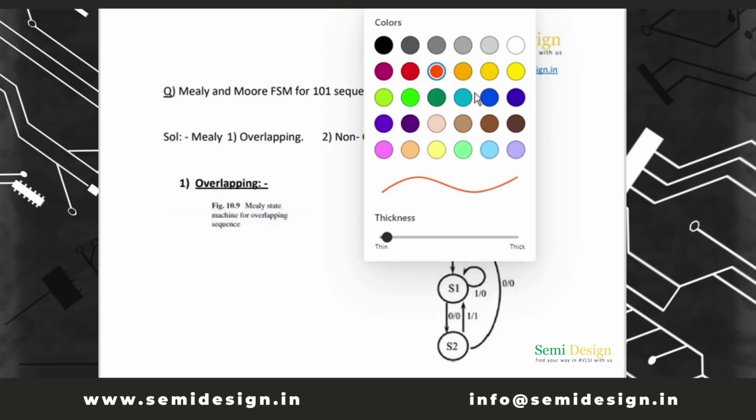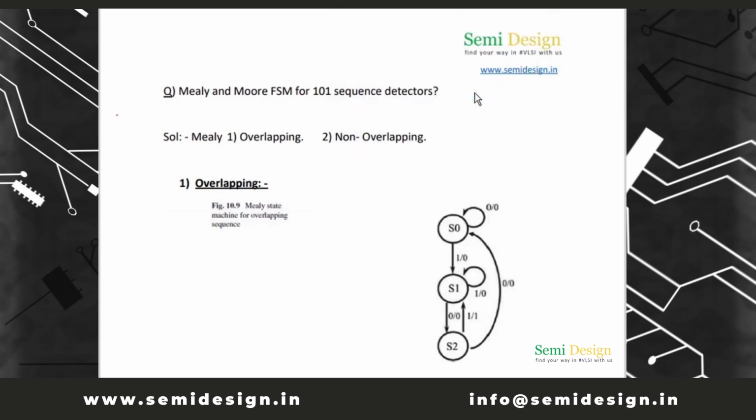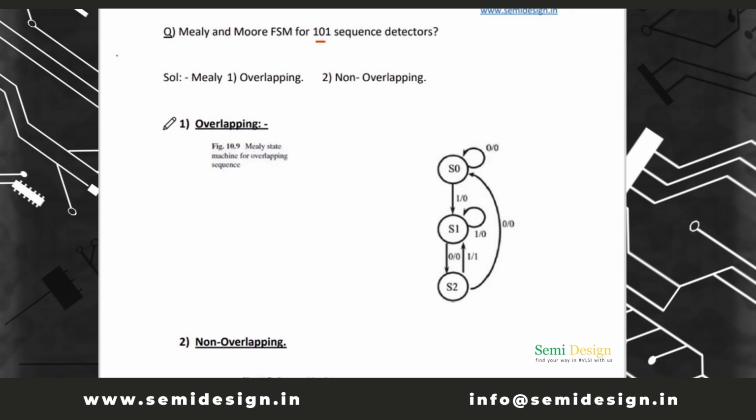Let me take a different pen for this. Now see, this is the 101 sequence detector. The overlapping sequence detector is there. For the overlapping sequence detector, first we need to make a small table.